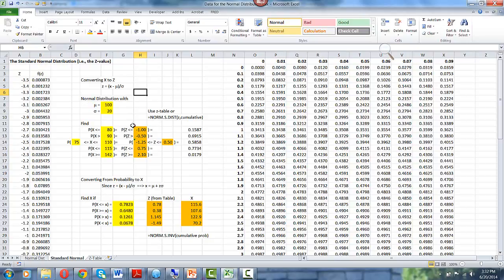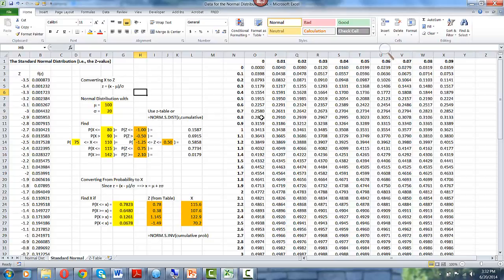So under that scenario, we're talking 1 standard deviation below the mean. So what is the probability of getting an x less than or equal to 80, or equivalently a z of less than or equal to minus 1?